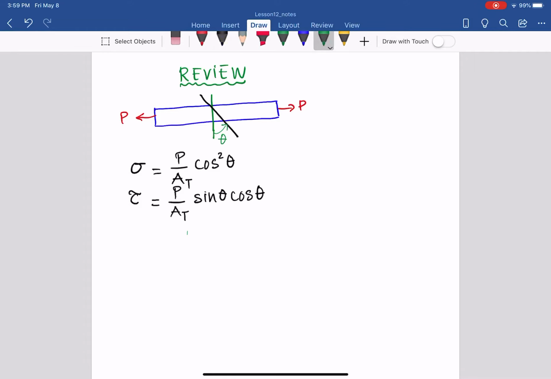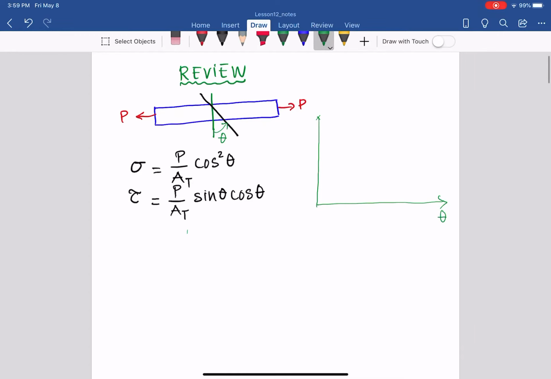So from that, let me go to a summary of what we have in worksheet 1F. Here we have X and Y, with the angle theta that we use, and this is the stress for the vertical axis.